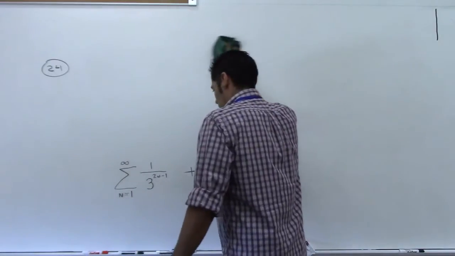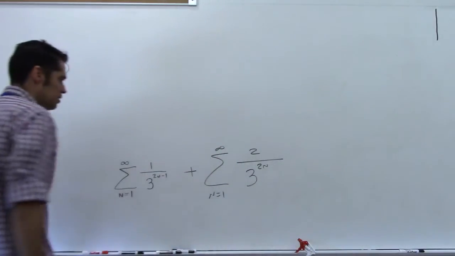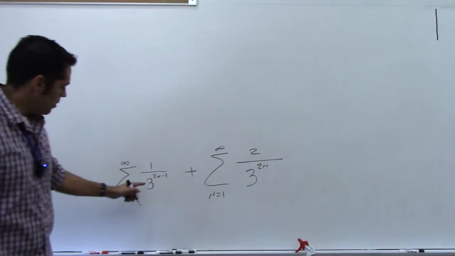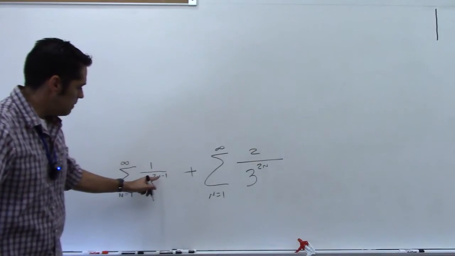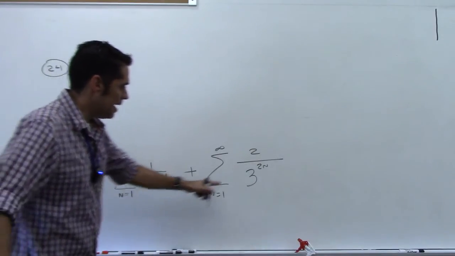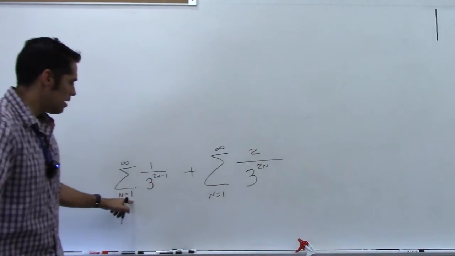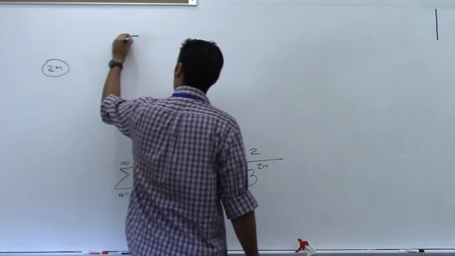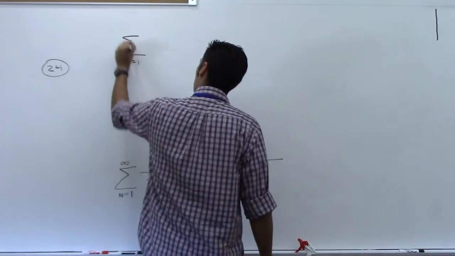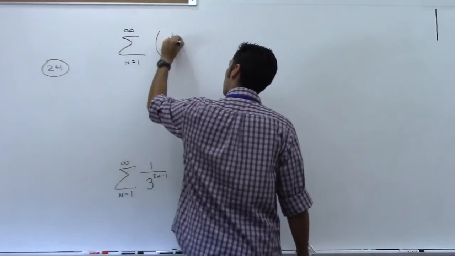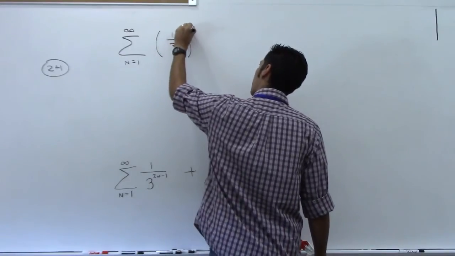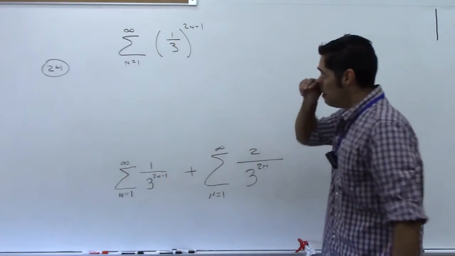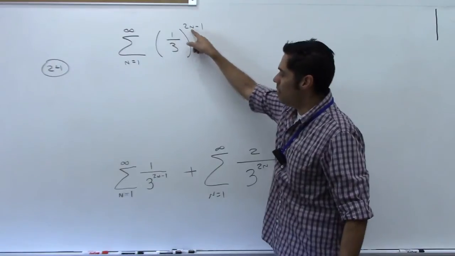Now let's look at these. These look like geometric series because what we have is our base to a power. We need these powers to be n minus 1s because we're starting at n equals 1. So watch what I do first. Tell me if you agree with this. That's the same, because if I take 1 and raise it to this power, I just get 1.